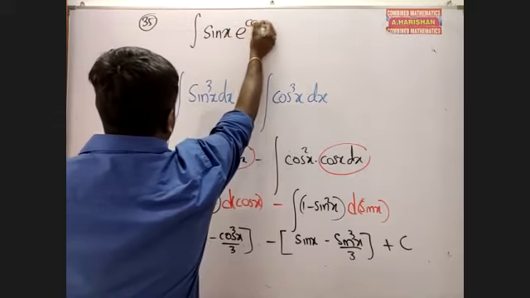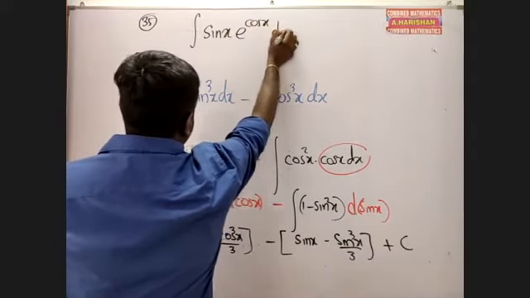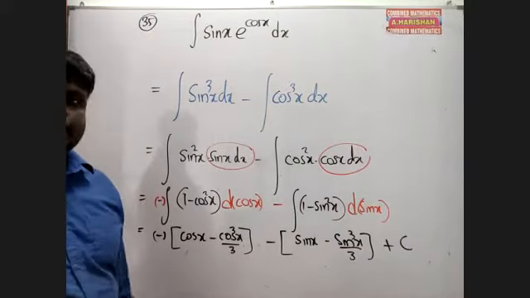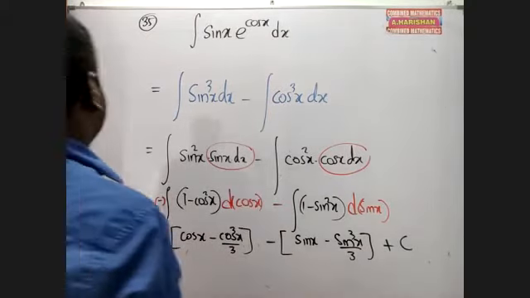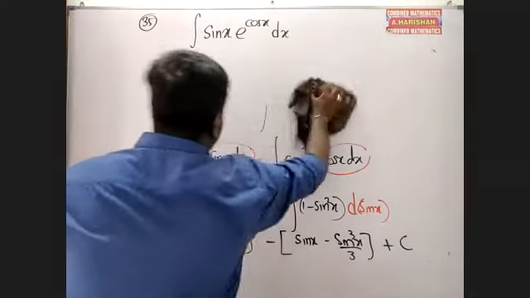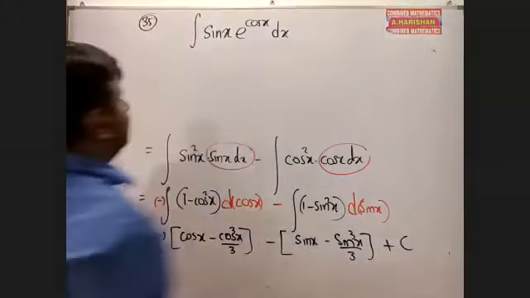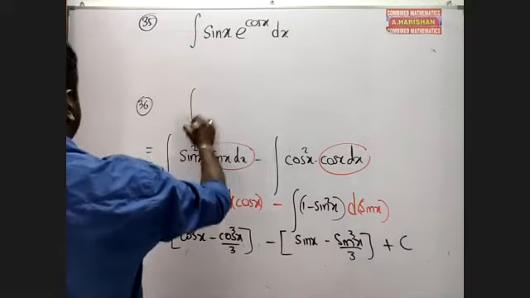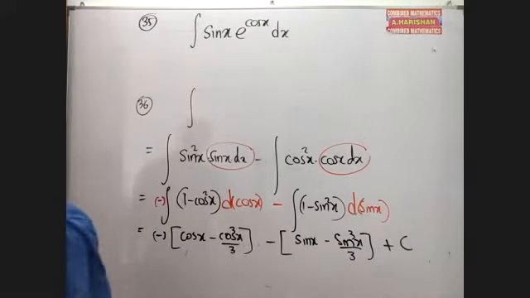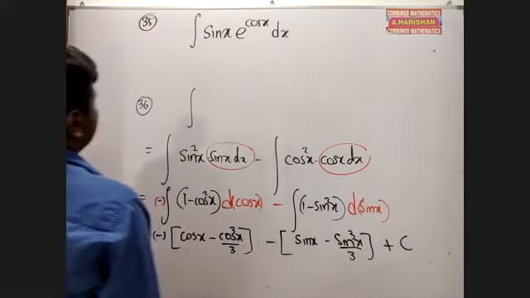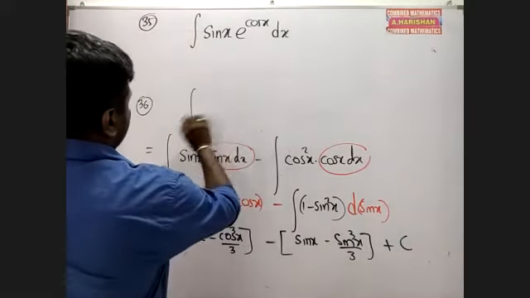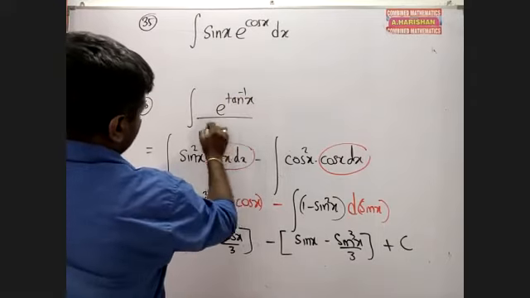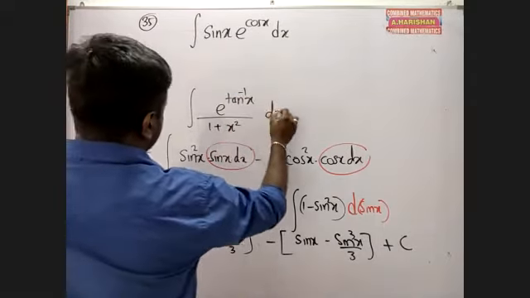Sin x into e to the power cos x dx. Let's see how you can do the 35th question. So I erase this one. The 36th question is integration of e to the power tan inverse x over 1 plus x squared dx.